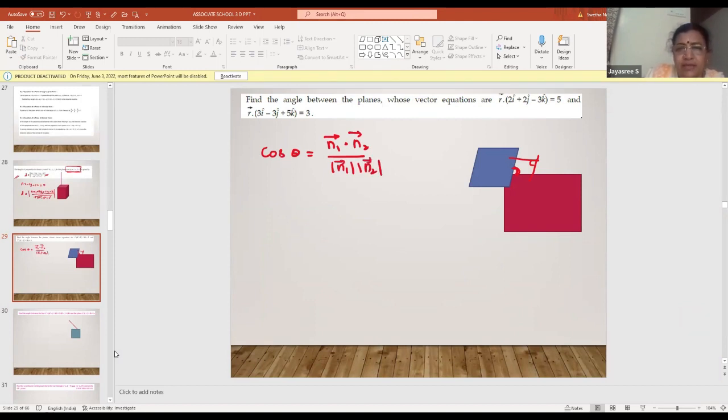There is nothing confusing in this concept, so we can comfortably go for it. Generally we take the acute angle; in some books we see the modulus also. So this is the concept we are recalling as we proceed.